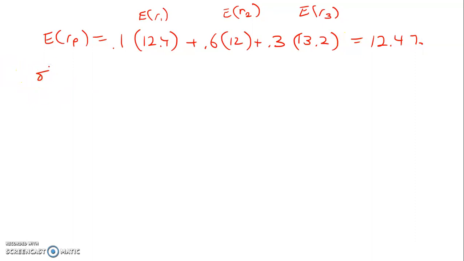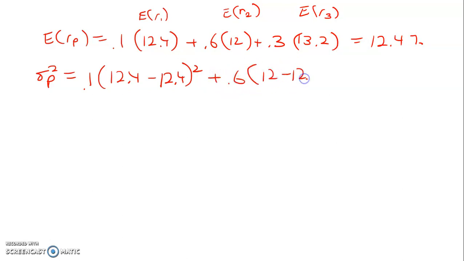Now we calculate our variance, sigma squared p. So that's 0.1 times the 12.4 minus 12.4, squared. That term's going to cancel out. So 0.6 times 12 minus the 12.4, squared, plus 0.3 multiplied by the 13.2 minus 12.4, squared.